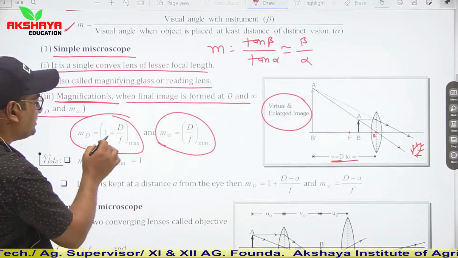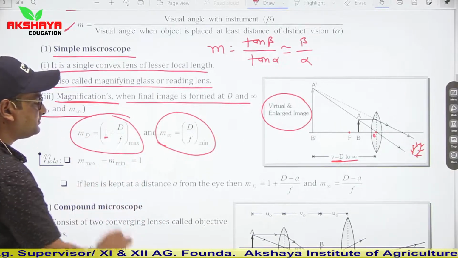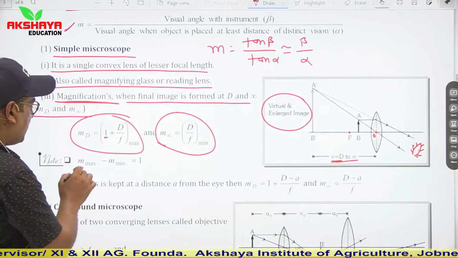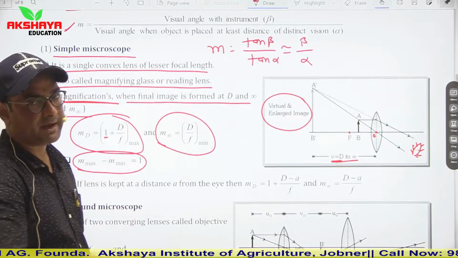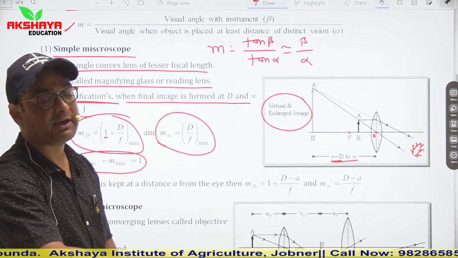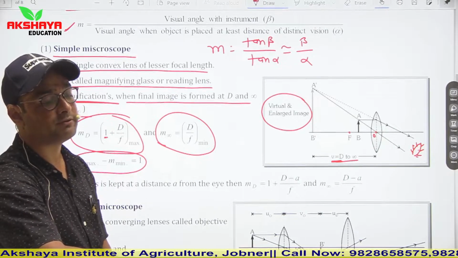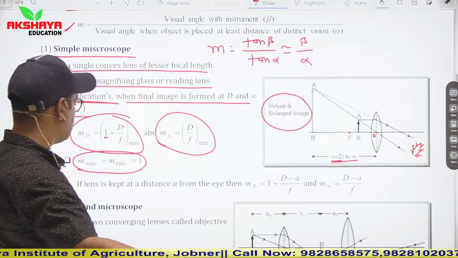You can clearly see here 1 is added. So maximum magnification minus minimum magnification is always equal to 1.